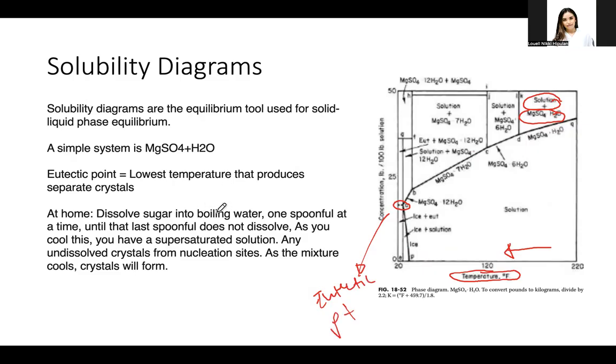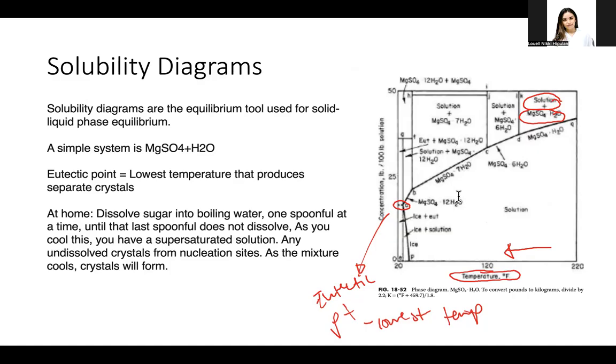The eutectic point is the lowest temperature that produces crystals. So you still get crystals, but it depends on the composition. It can be pure MgSO4 or pure water.